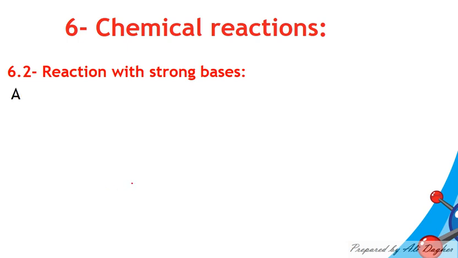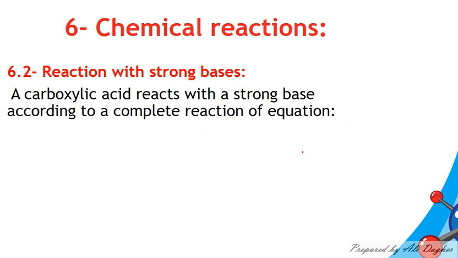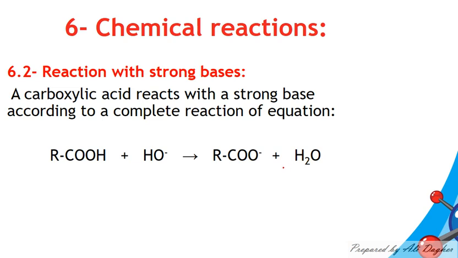Reaction with strong bases. Carboxylic acid reacts with a strong base according to a complete reaction: RCOOH plus HO minus gives RCOO minus plus H2O. HO minus is a strong base.